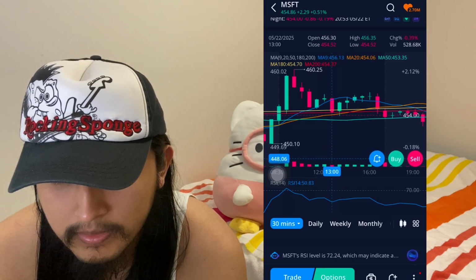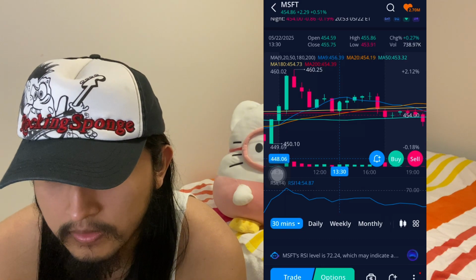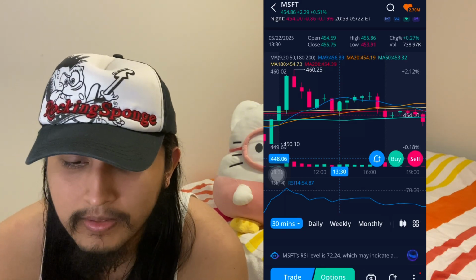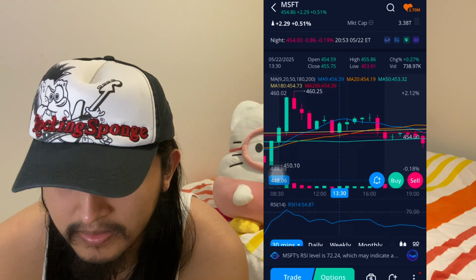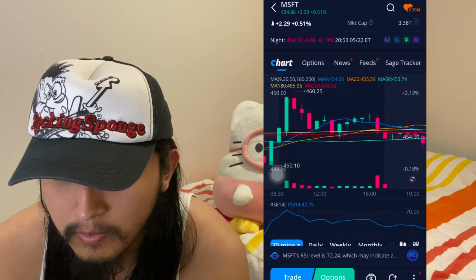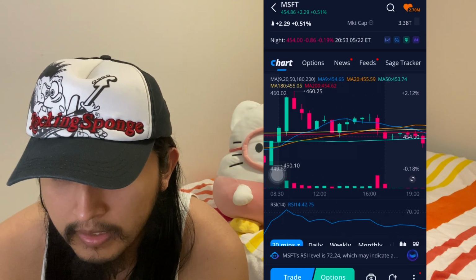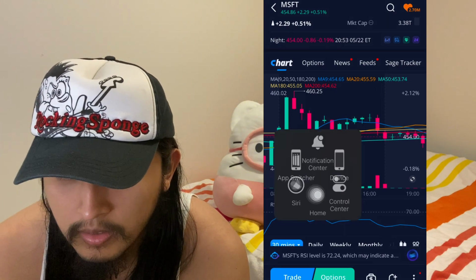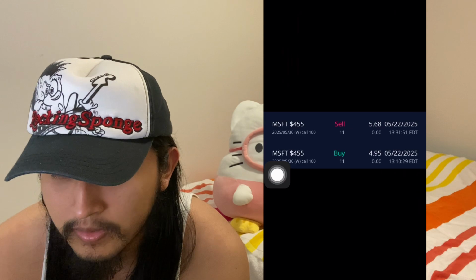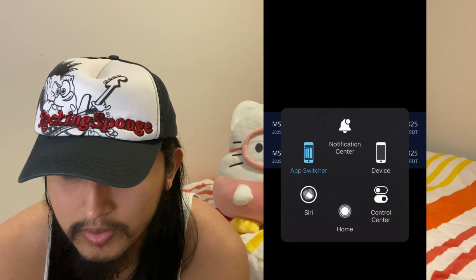Okay, so basically this candle right here, the 13:30 candle, as soon as it landed on the, not the 180, but the 200-day moving average, I waited for a bounce off the 200-day moving average, and then at 13:31 I sold out the position.